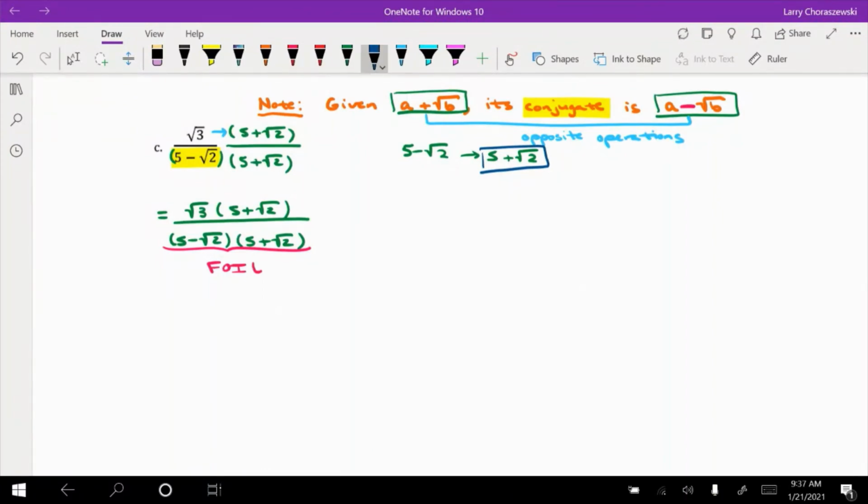Now I've been experimenting with a new way of FOILing out expressions of this nature. I do a little box method or like a multiplication table. So I'm going to show that to you guys, and if you want to steal it from me and use it for problems like this, you're more than welcome to. All right, so I'm going to set up some boxes or a little table to the right.